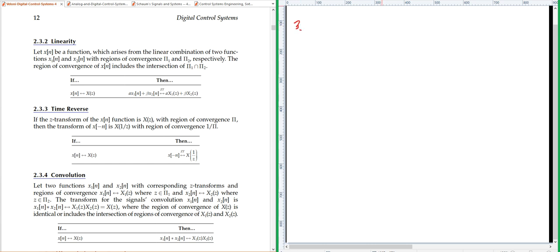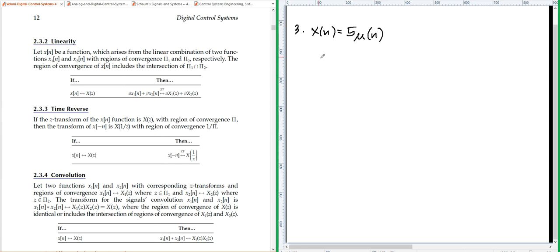Example number 3. For example, let's have x(n) equal to 5 mu(n).